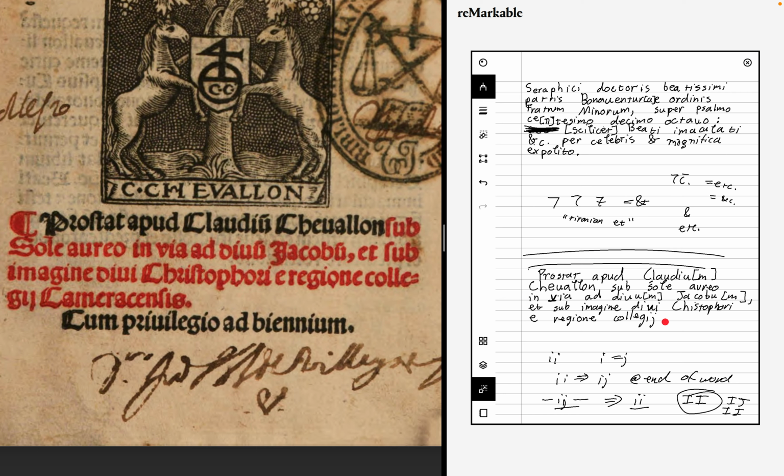So e regioni collegii Cameracensis. And this last part is cum privilegio ad biennium, with the privilege. You don't transcribe privilege statements. You can put that in a note, but I chose not to. Just not going to deal with that right now.